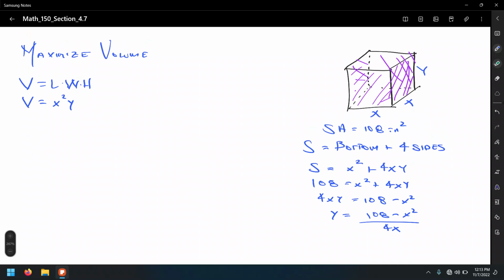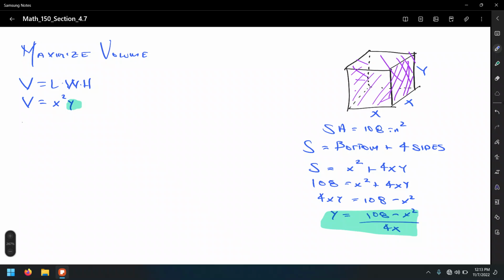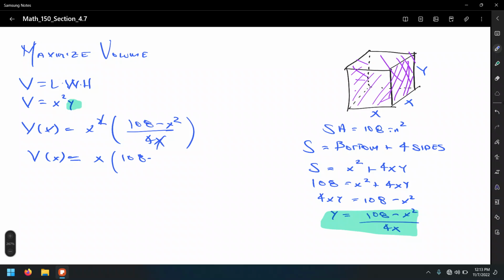All right, so let's substitute this over here. V of x equals x squared times 108 minus x squared over 4x. We can divide out one power of x, so V of x equals x times 108 minus x squared over 4.